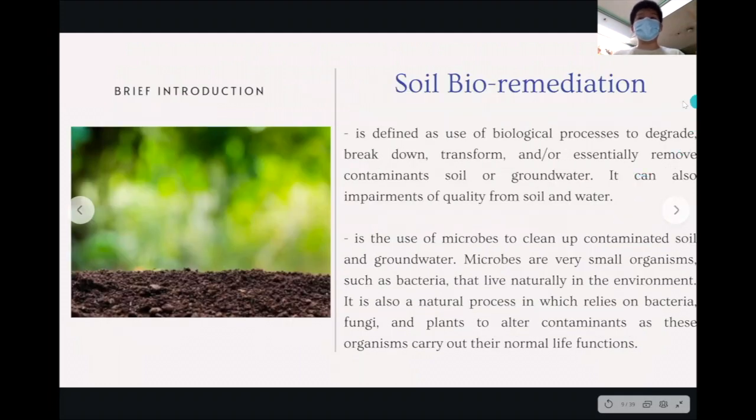So for the fourth one, this is actually, maybe for me, the most important one in biological treatment. This will be the soil bioremediation. So what is it? It's defined as the biological process to degrade, break down, transform, and or essentially remove contaminants from soils or groundwater.